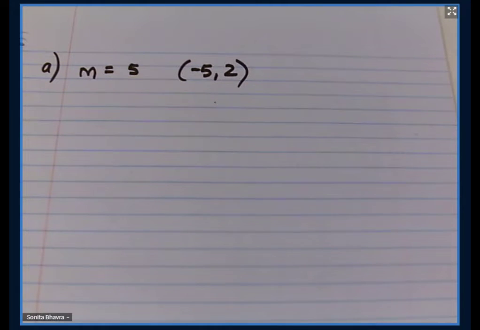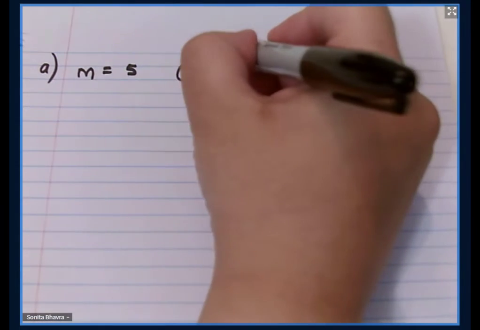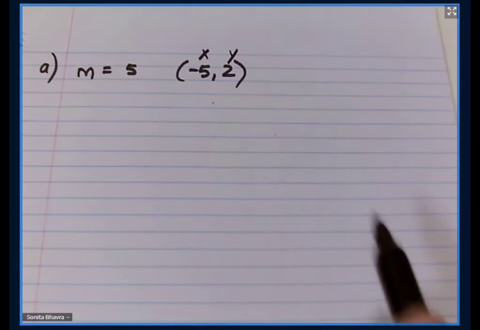All right, so our next example, we're given a slope and we're given the point on the line. We're going to use our slope point form to get our equation of the line, and then we're going to put it into the slope y-intercept form, which was the y equals mx plus b form. All right, so using this information, this is our y, this is the x.